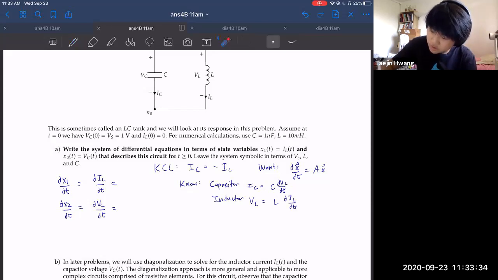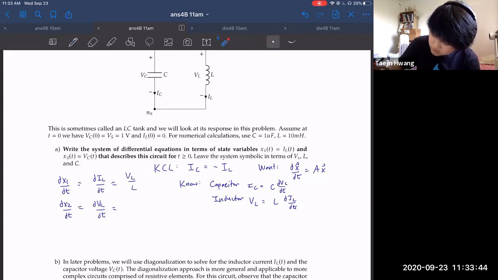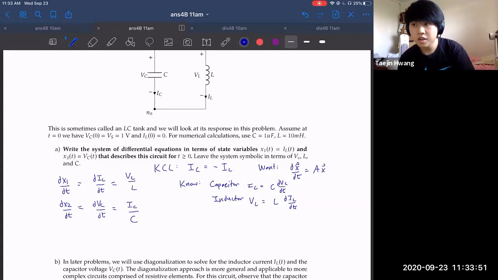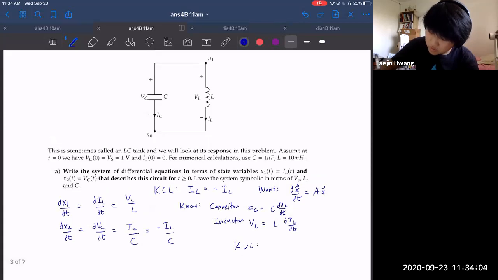So given di/dt, it's equal to VL over L, and given dV/dt, that's equal to IC over C. Then we use KCL, as someone earlier mentioned. We can also use KVL to say the voltage here is equal to the voltage here, so VC is equal to VL.